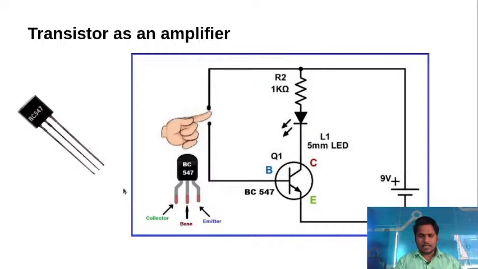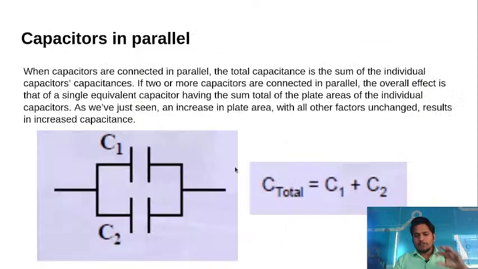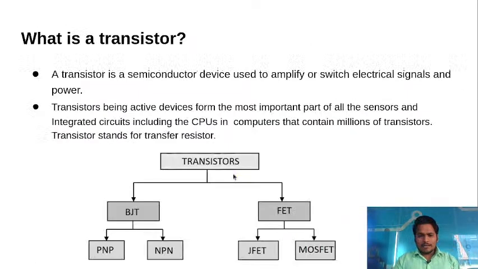So while doing the connection, make sure you have checked the data sheet of the specific transistor. Depending on the part number, these pins can vary, emitter, base and collector. Sometimes in some transistors the emitter will come on the left hand side. So before using any transistor, do check the data sheet for the proper voltage rating and proper current rating.